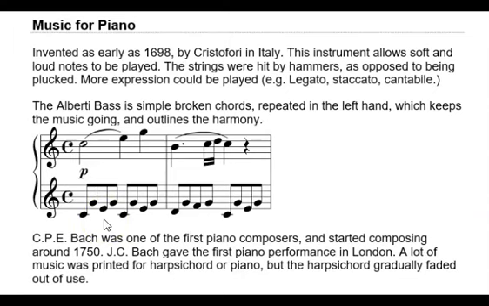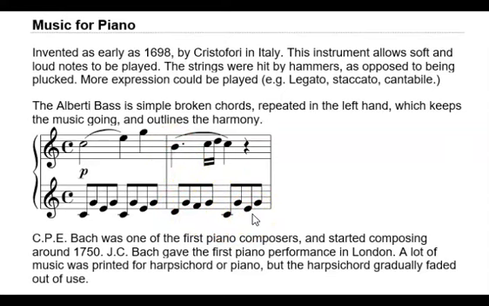And it outlines the harmony. So there I see I'm in C major. It outlines the tonic chord. There I go to my dominant 7th because I have the notes G, B, D, F. And there I go back to my tonic chord.